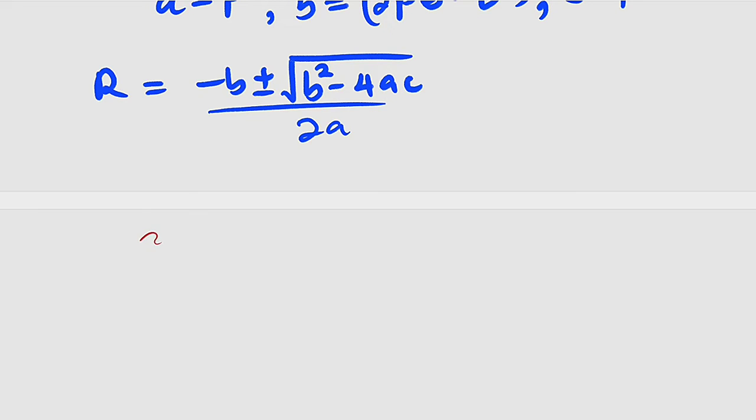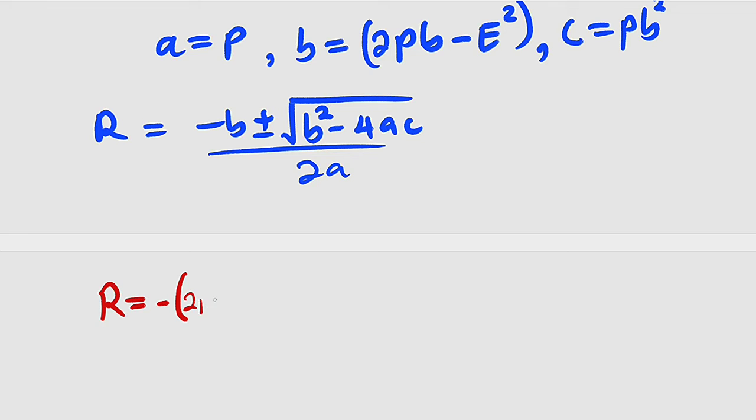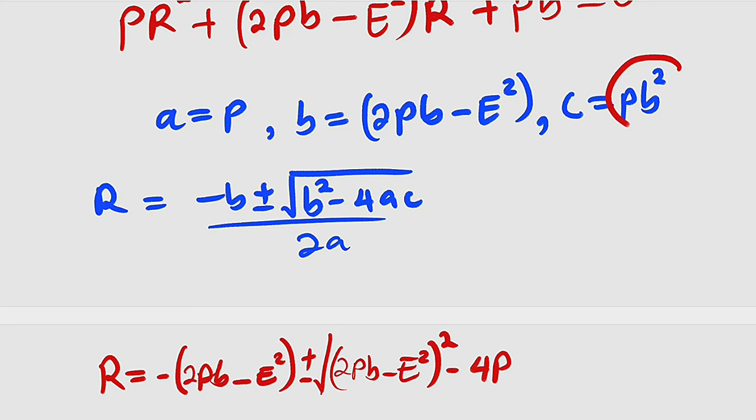So what will be the R? R will be equal to minus B, minus the whole of this, so we have minus the whole of (2PB minus E squared), that is minus B, then plus or minus the square root of B squared, that is (2PB minus E squared) whole squared, minus 4 times A, which is P, times C, which is PB squared.